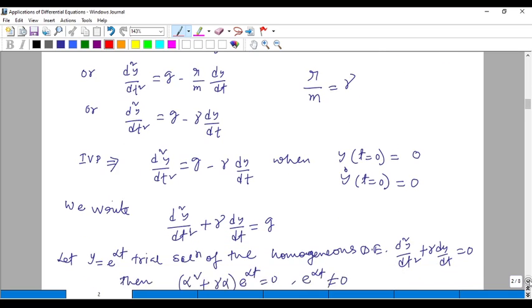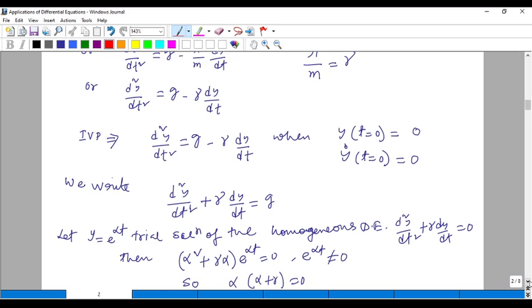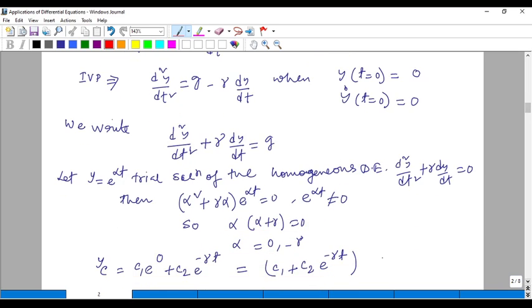This differential equation is a non-homogeneous differential equation, and the reduced form can be solved using a trial solution y equal to e to the power alpha t, and we know how to solve this equation. We have to find the roots of this auxiliary equation, that is alpha square plus gamma alpha equal to 0, and the roots are alpha equal to 0 and minus gamma.